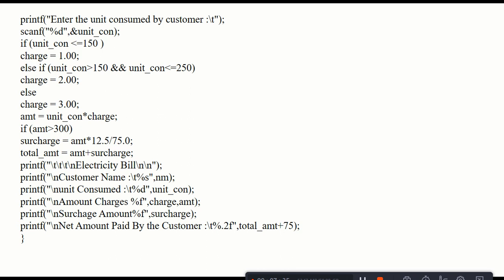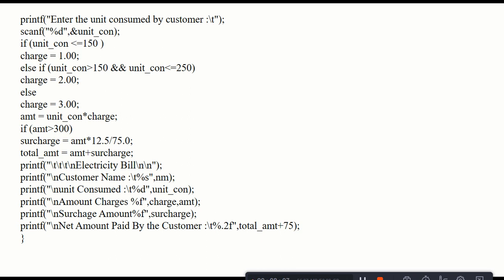If amount is greater than 300, surcharge equals amount into 12.5 divided by 100. Total amount equals amount plus surcharge, that is the total amount plus 12.5 percent surcharge.